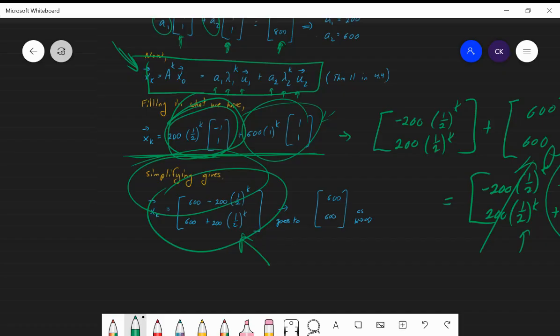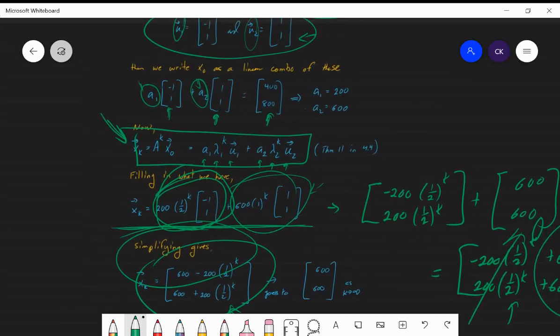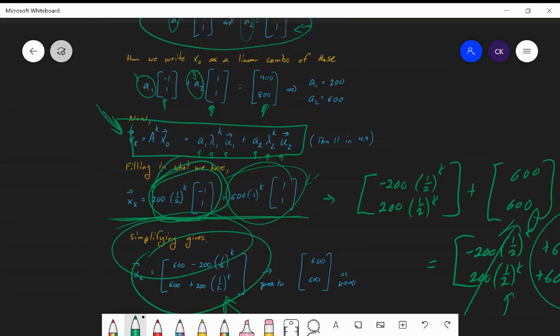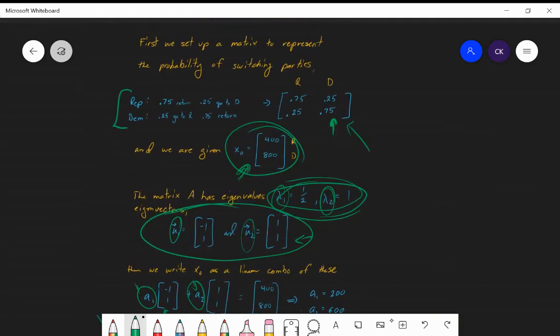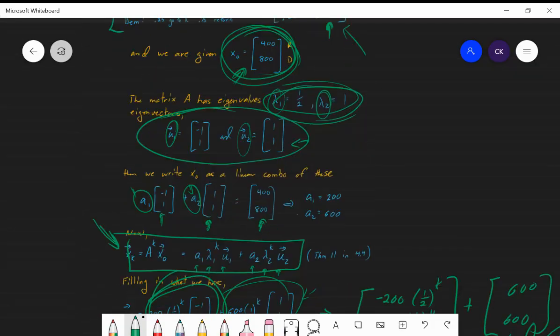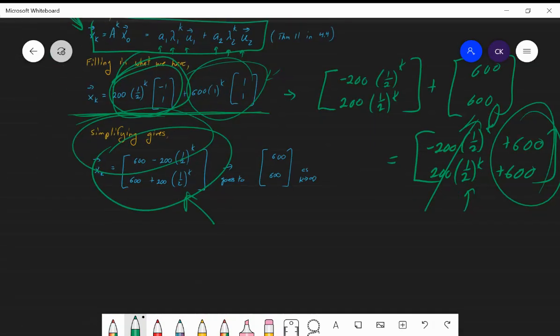What we would interpret then is that the steady state solution is that we would approach a 50-50 mix of the original 1200 that we had. Our initial starting value was 400 Republicans and 800 Democrats, and under this particular problem, the long-term solution would be 600 Republicans, 600 Democrats.